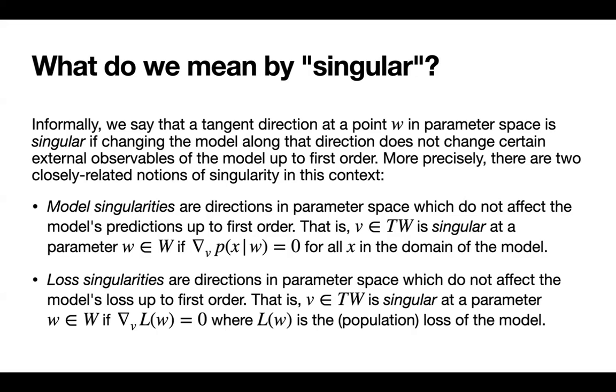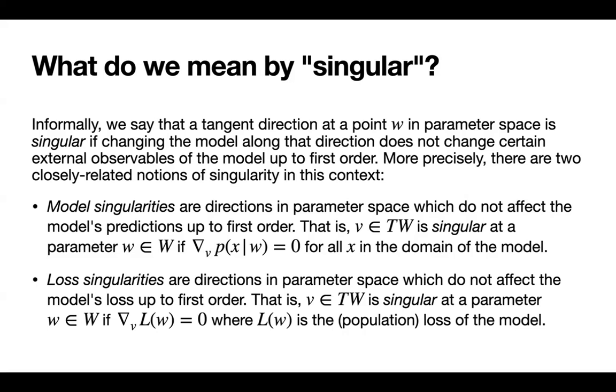One is the notion of model singularity: a tangent direction in parameter space is singular if moving in that direction doesn't, to first order, change your predictions on any input data.